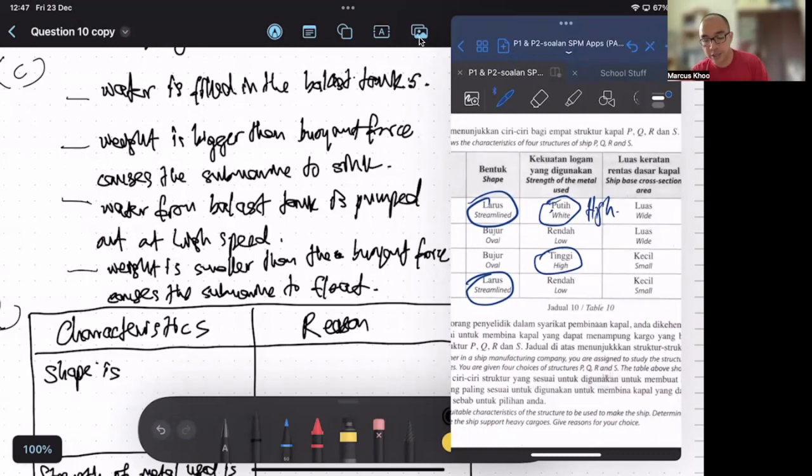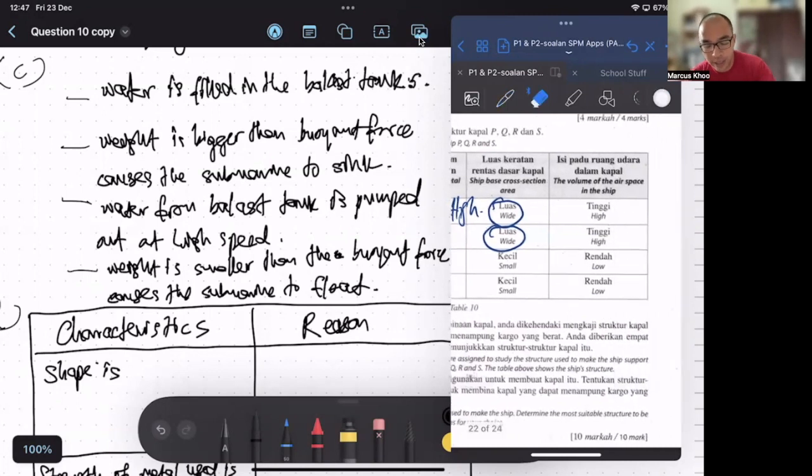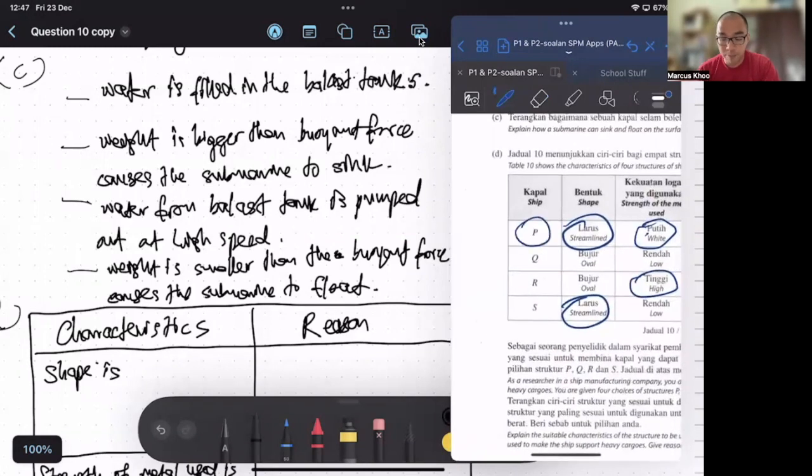The cross-sectional area of the ship base has to be wide, because you want to support more cargo, you want to have a big ship. And then the volume of the airspace in the ship has to be high. It cannot be very little airspace. So obviously the best choice we have will be P.